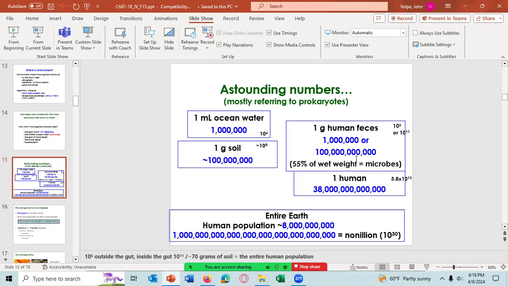Human feces, if it's fresh, especially if it's liquid feces, you have about 1 times 10 to the 11th microbes per 1 gram of human feces. And that's actually 55% of the wet weight of the fecal matter. So 55% of the wet weight of feces is actually microbes.